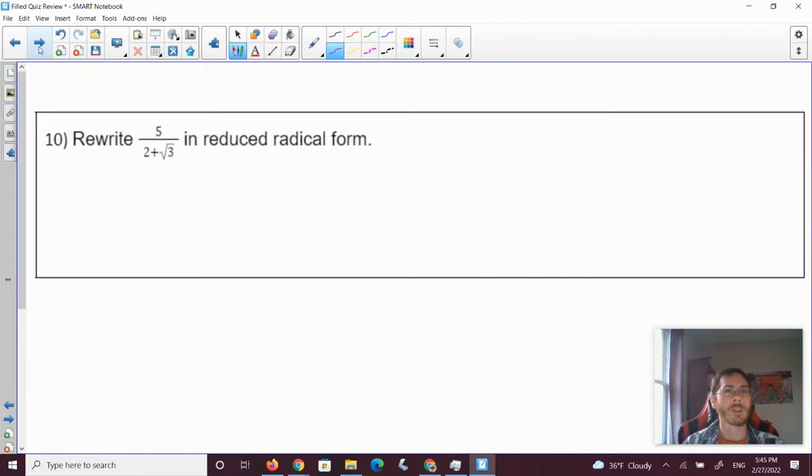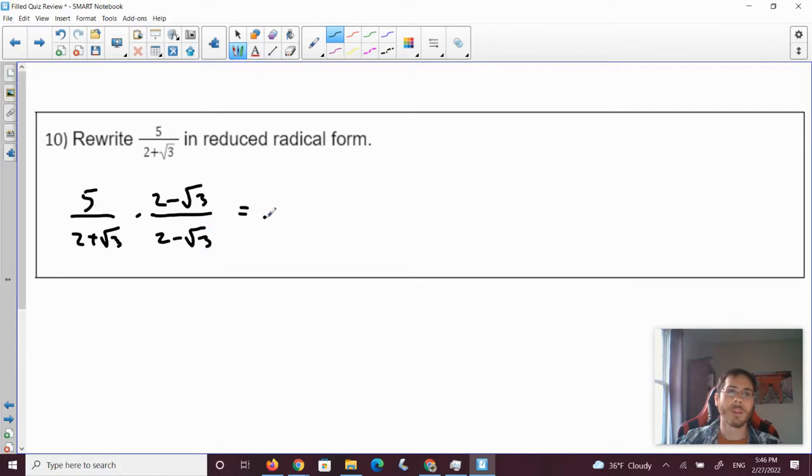All right. Number 10, rewrite 5 over 2 plus square root of 3 in reduced radical form. So just like when we did our conjugates before, what we want to do is rationalize the denominator here. So since I've got 2 plus the square root of 3, I need to multiply by 2 minus the square root of 3. All right, again, this is an a minus b times an a plus b.